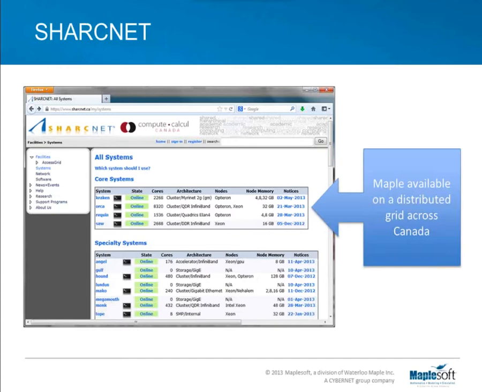This infrastructure uses Maple's grid computing functionality. Essentially, researchers write Maple programs on a local grid and then deploy them to a distributed cluster with SHARCNET. Recently, one of my colleagues, Paul DeMarco, has used this infrastructure to run Maple on a Cray supercomputer on 16,000 nodes.